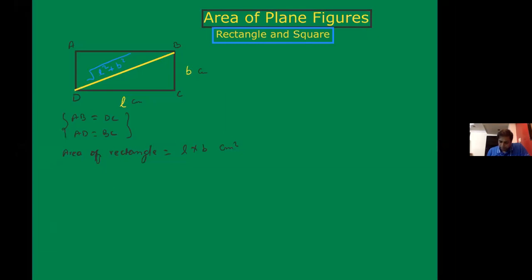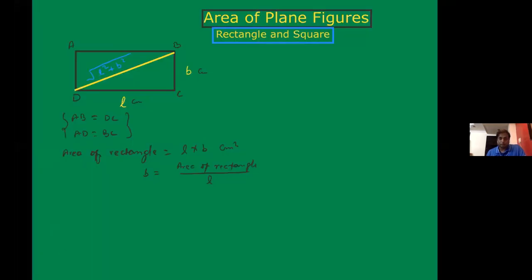So if length is given and we need to find the breadth, it is the area of the rectangle divided by length. Similarly, if we need to find the length and the area and breadth are given, length will be the area of the rectangle divided by breadth.